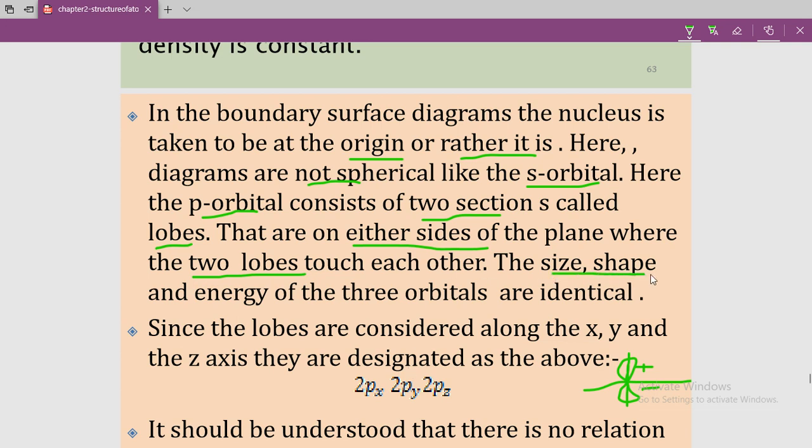Size, shape and energy of the three orbitals are identical. Which three orbitals? p has three orbitals: px, py, pz. But their lobes are along different axes. Here px means its lobe is on the x axis, py on the y axis, pz on the z axis.